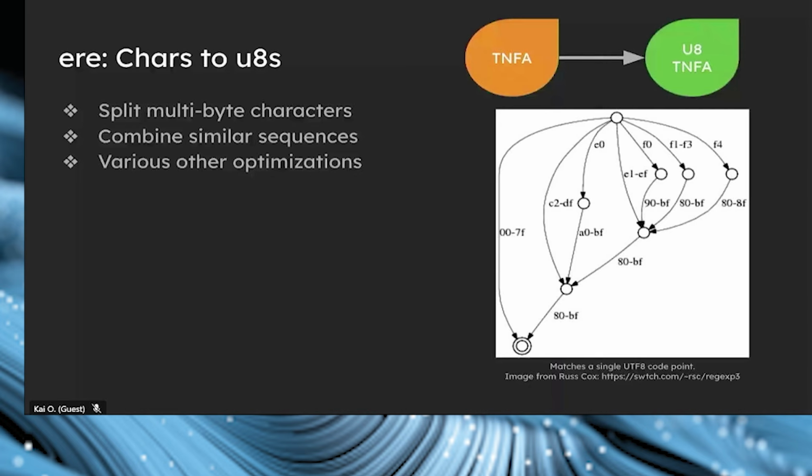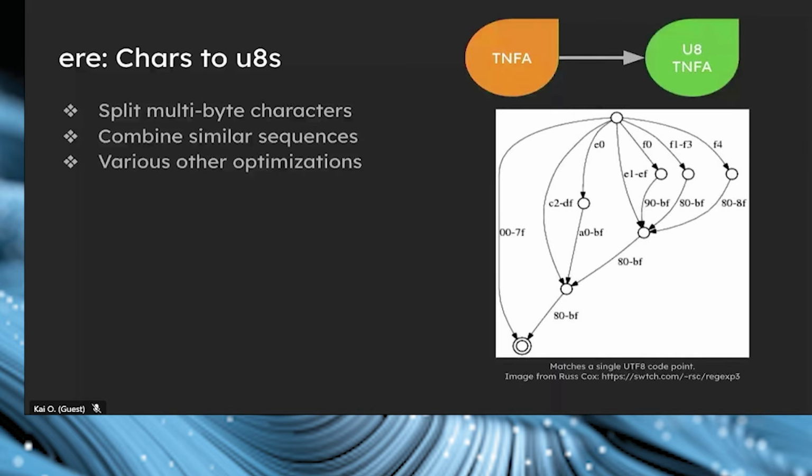So here's the full chart of the process for matching any one Unicode or UTF-8 code point. It's pretty complicated, and so I'm glad I don't have to write that myself.